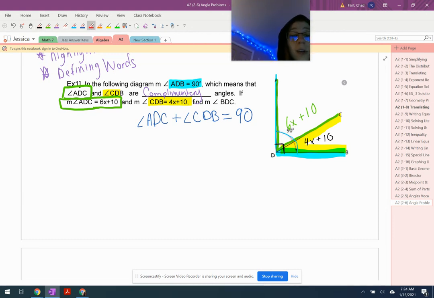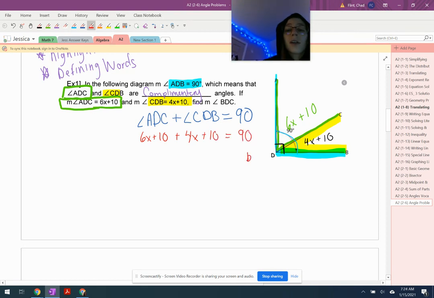So ACD, I have the equation right here, which is why it's important to take a minute to write that down. So ACD is that 6x plus 10 plus CBD is 4x plus 10, and that's going to be equal to 90 degrees because they're complementary.